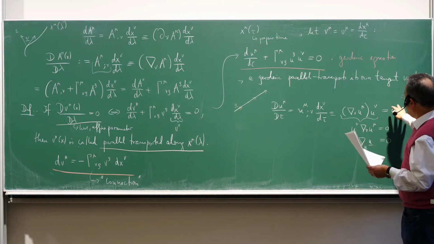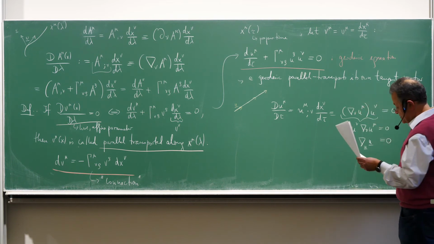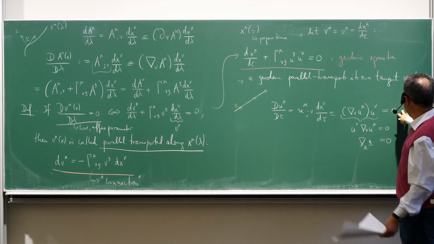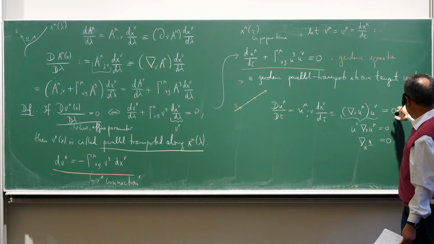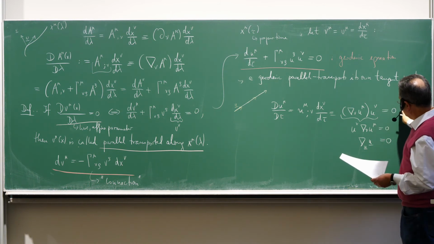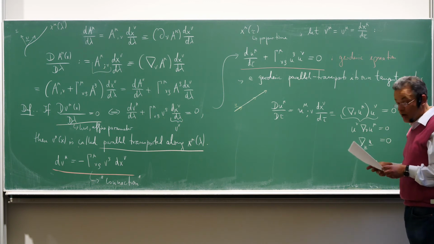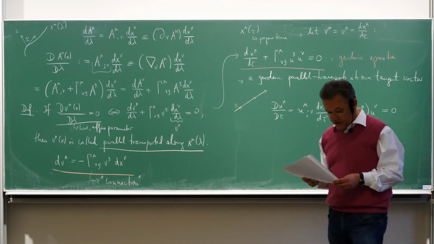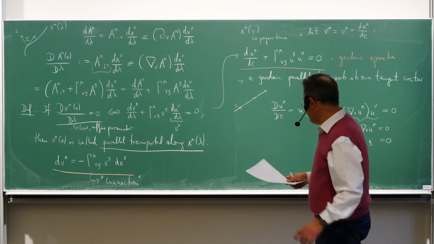If you have a non-affine parameterization, just as a side remark, then you have a term alpha, some constant, times u^mu. So the first power of one factor of the four-velocity.